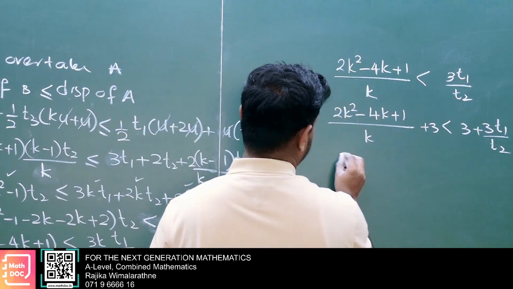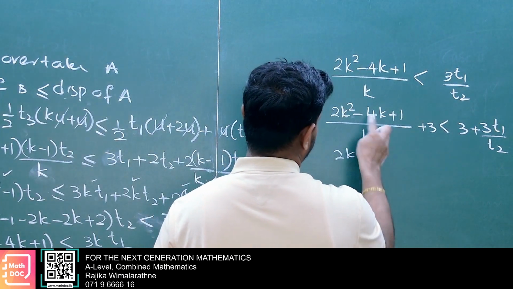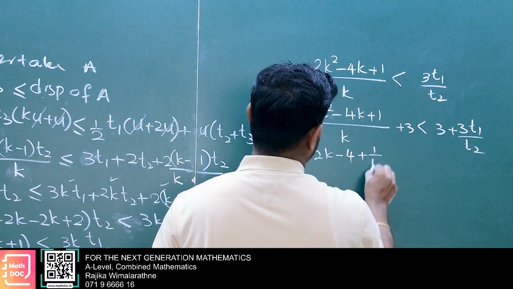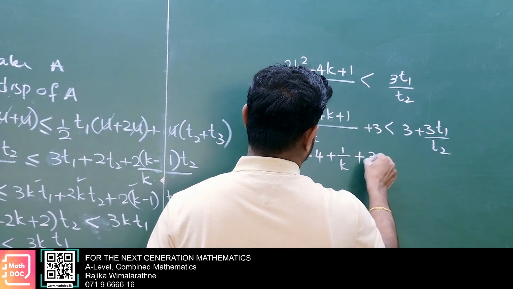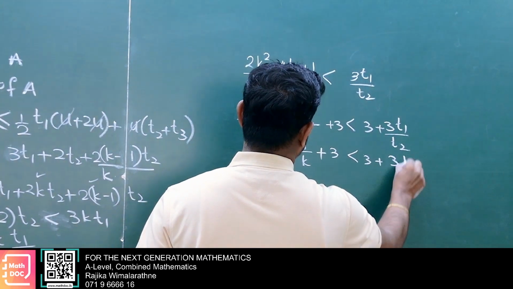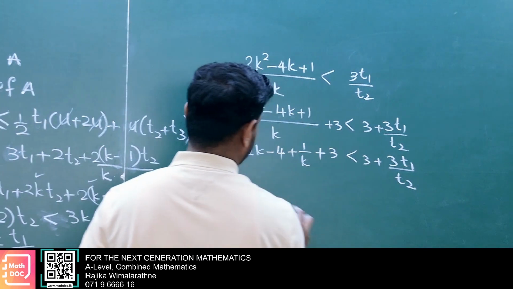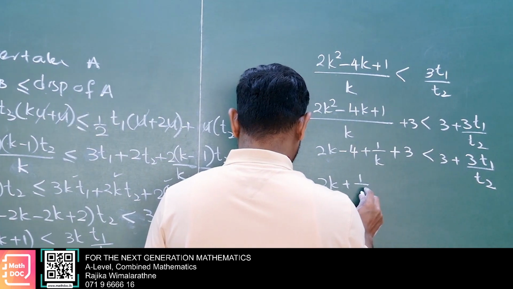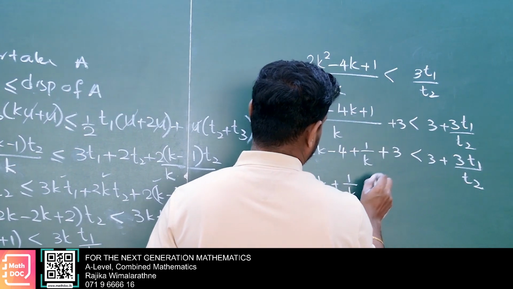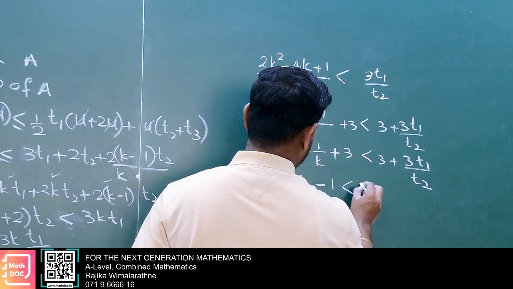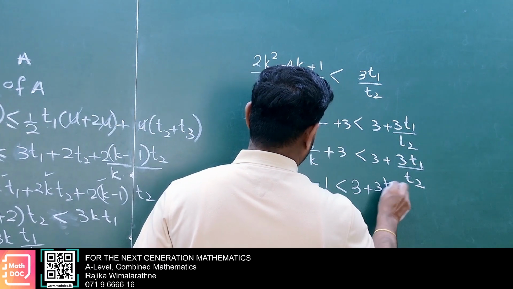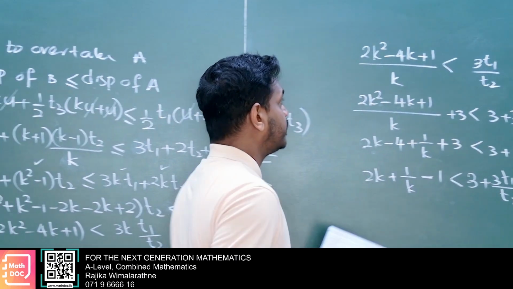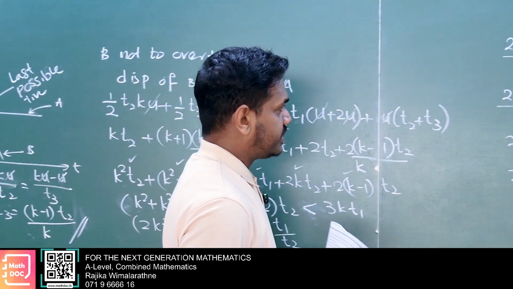Now separate the denominator: 2K minus 4, 1 over K plus 3, 3 plus 3T1 over T2. 2K plus 1 over K minus 1. We missed something. We get this, okay? This is not there. Let's see what has happened.